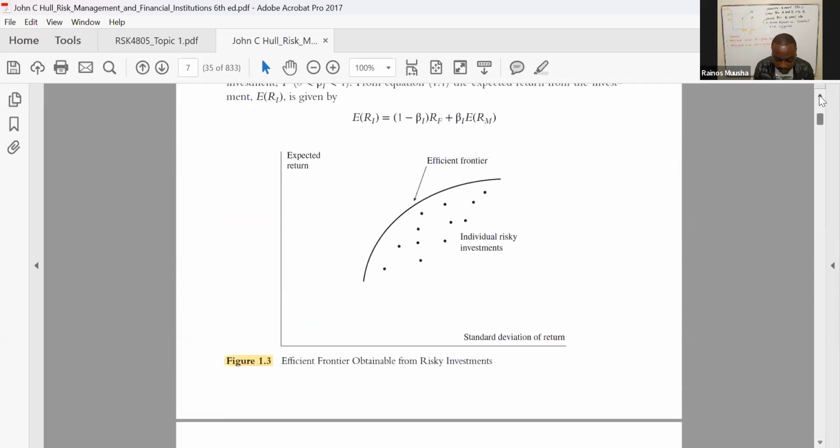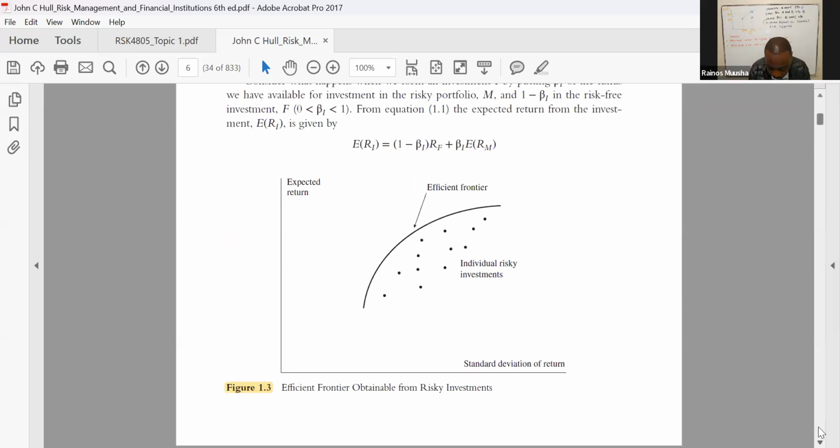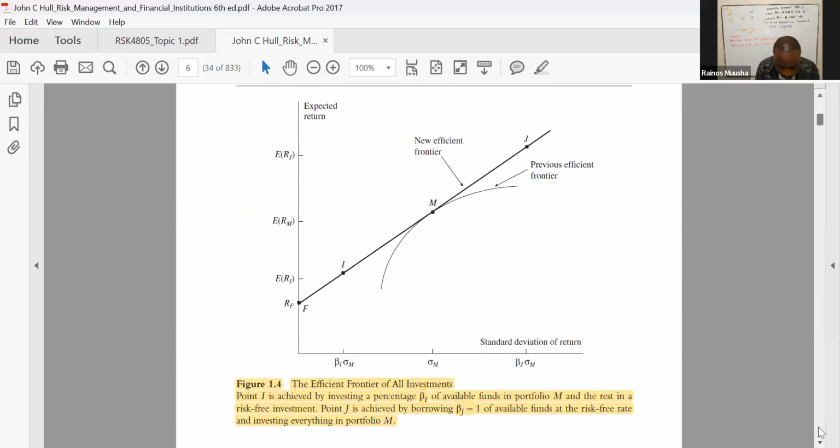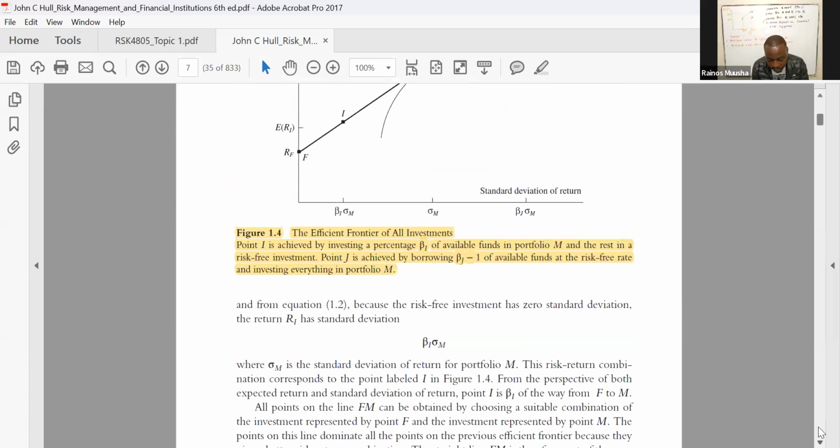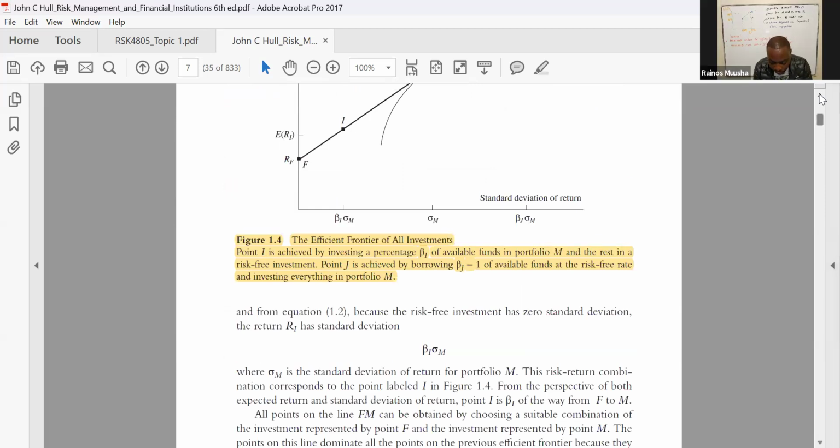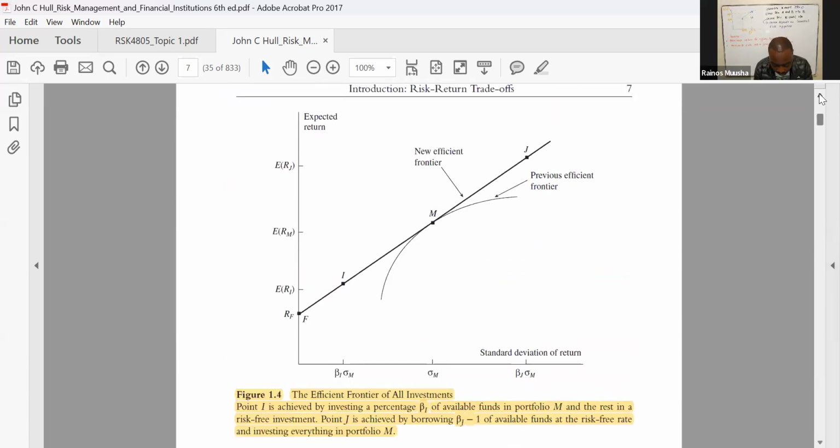So here, when you look at figure 1.4, point I, which is this point, you're looking at the relationship between the risk, in this case beta, against the expected return.